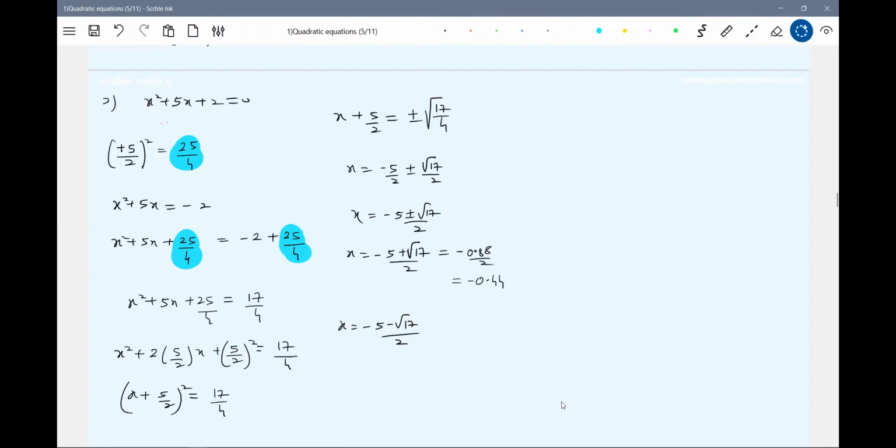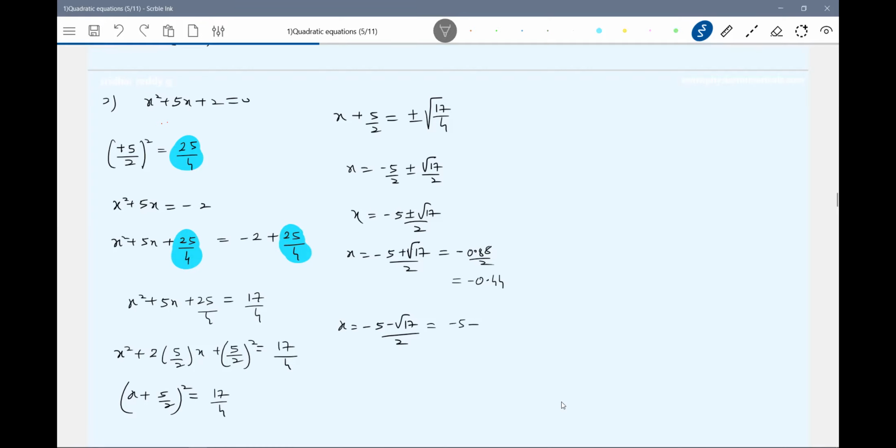The other value we'll calculate: minus 5 minus 4.123, that is minus 9.123, divided by 2.